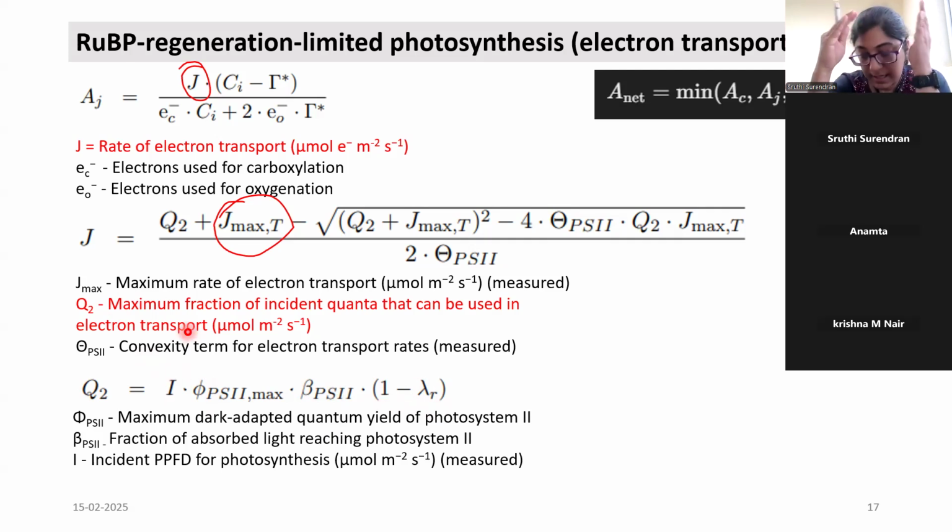When the light falls on the plant, not all of it is completely used. Only a part of it is being used. So what fraction of light is being used compared to the entire light coming in is given by Q2, and we can estimate it if we know the incoming intensity of light. So this is incident PPFD for photosynthesis. PPFD is nothing but photosynthetic photon flux density.